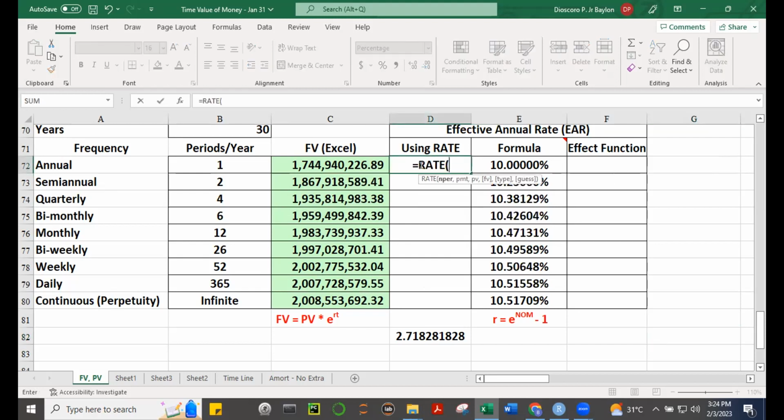The syntax for the rate function will be nper, the number of periods, PMT, PV, etc. Use that in order to compute for the effective annual return for these future cash flows based on different compounding periods. All right, I'll give you a minute.